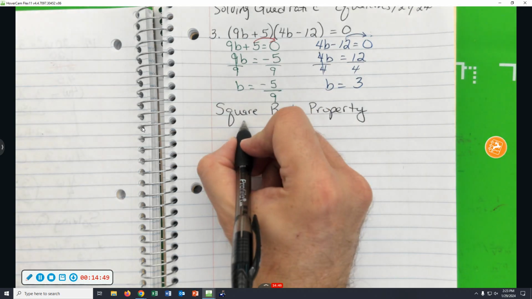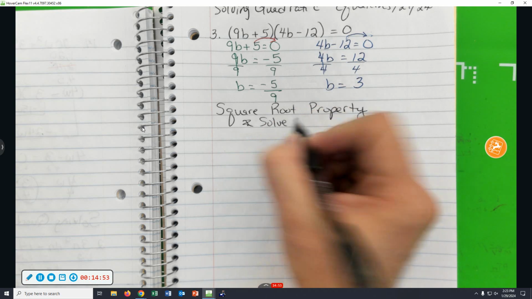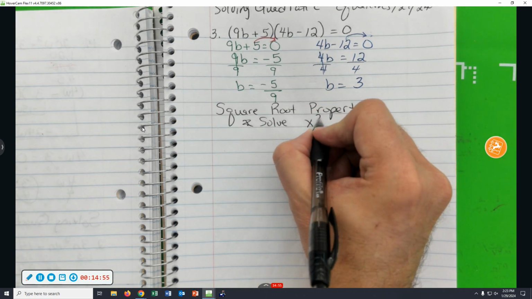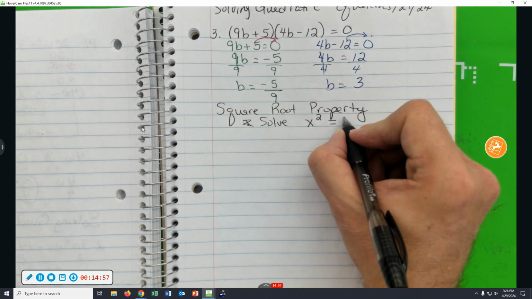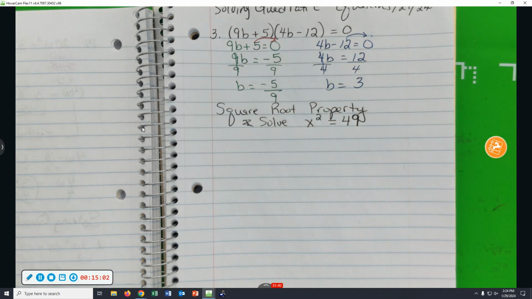If we had this equation, solve x squared equals 49. Y'all come up with the answer here just by thinking and knowing the multiplication tables.